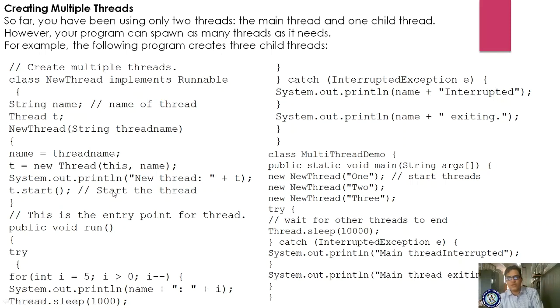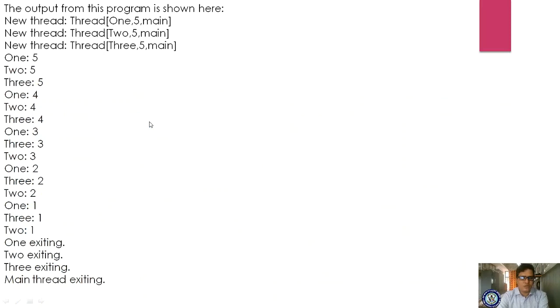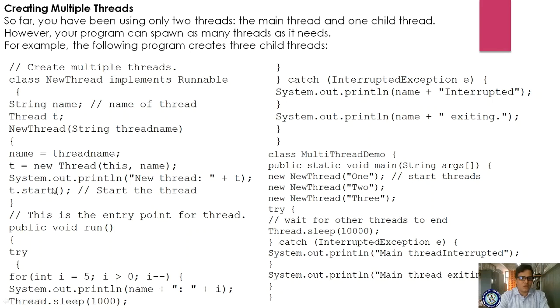So likewise it will evaluate, so you have to give more attention. For 1 it is 5, 2 it is 5, 3 it is 5, for 1 it is 4, 2 it is 4, 3 it is 4. Why is that? Because here you are making the thread wait for 1 second, and here again.